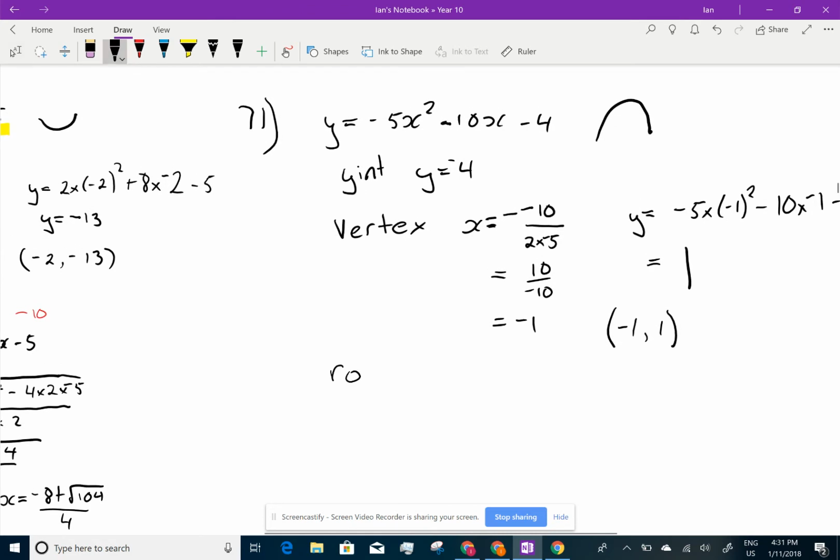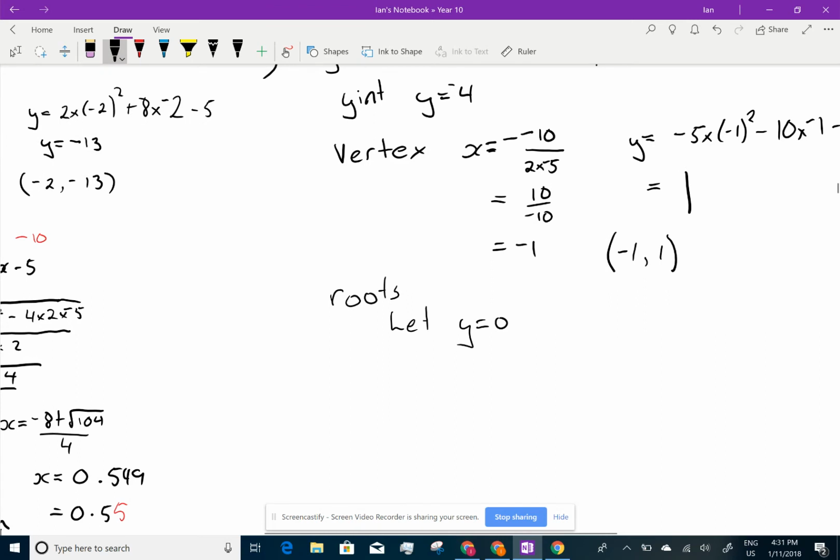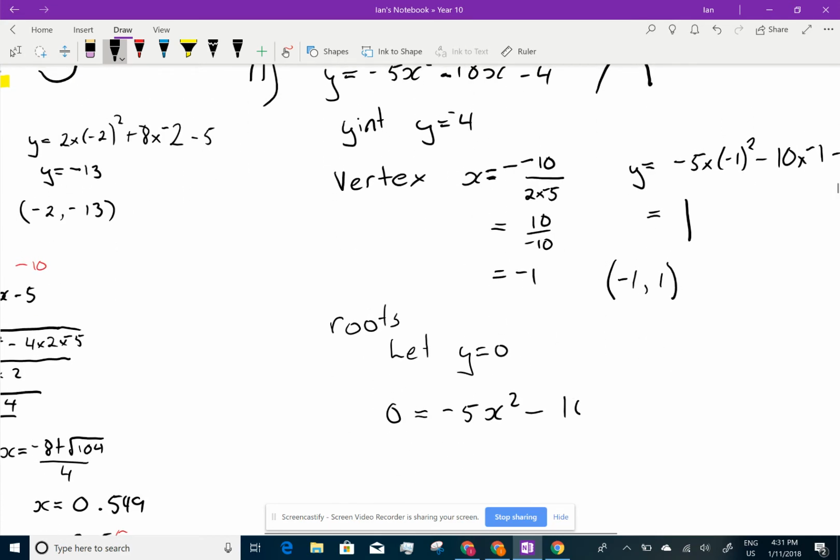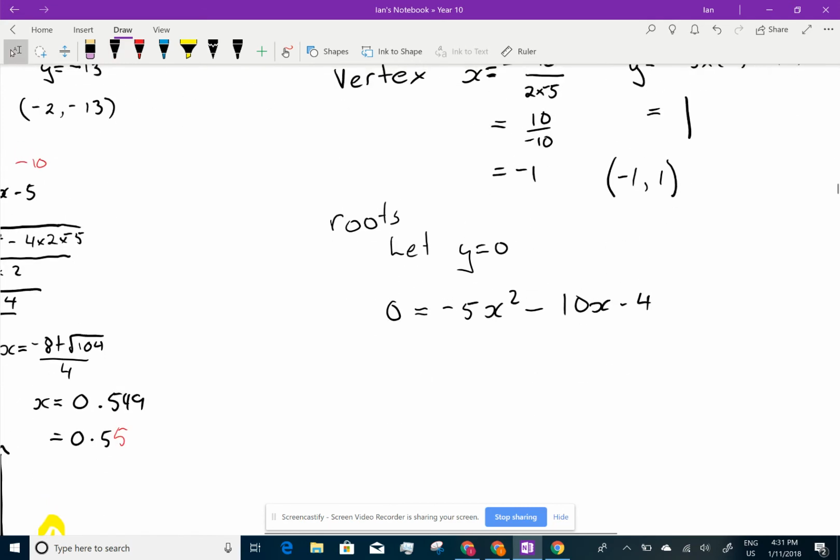So the roots. I'm going to let y equal 0. And what do I get? Well, I get 0 equals negative 5x squared minus 10x minus 4. Now I'm going to take everything over the other side just to make it a positive parabola.